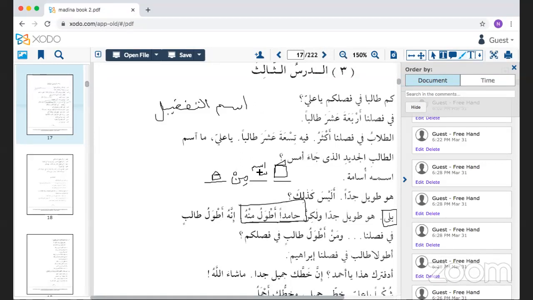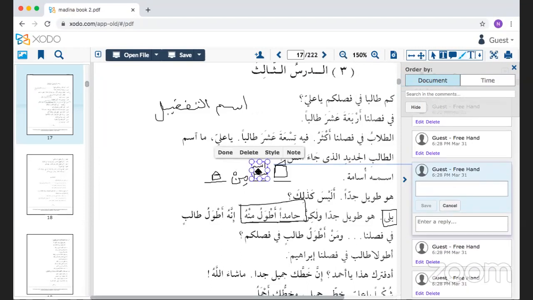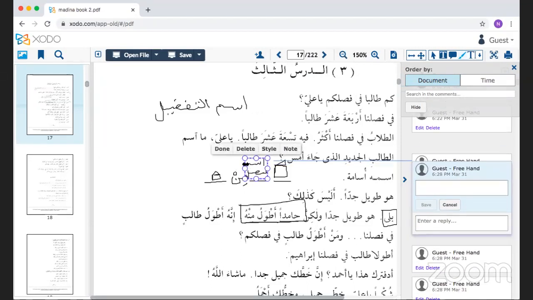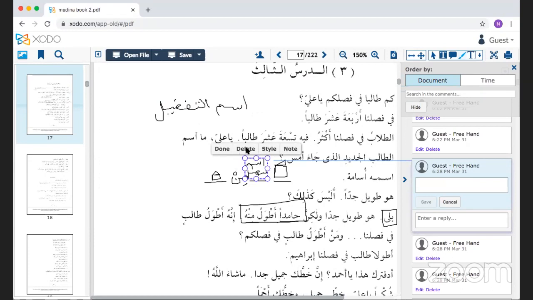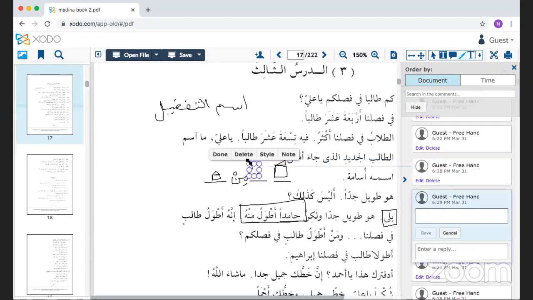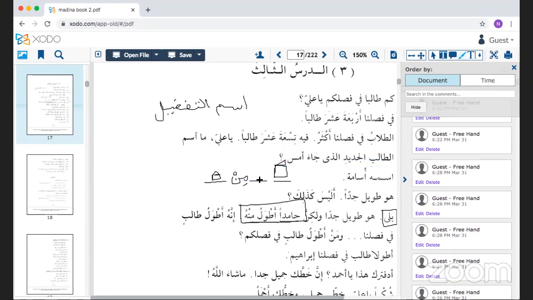Over here, you will have ism tafdil. So in the middle over here, you have three things.